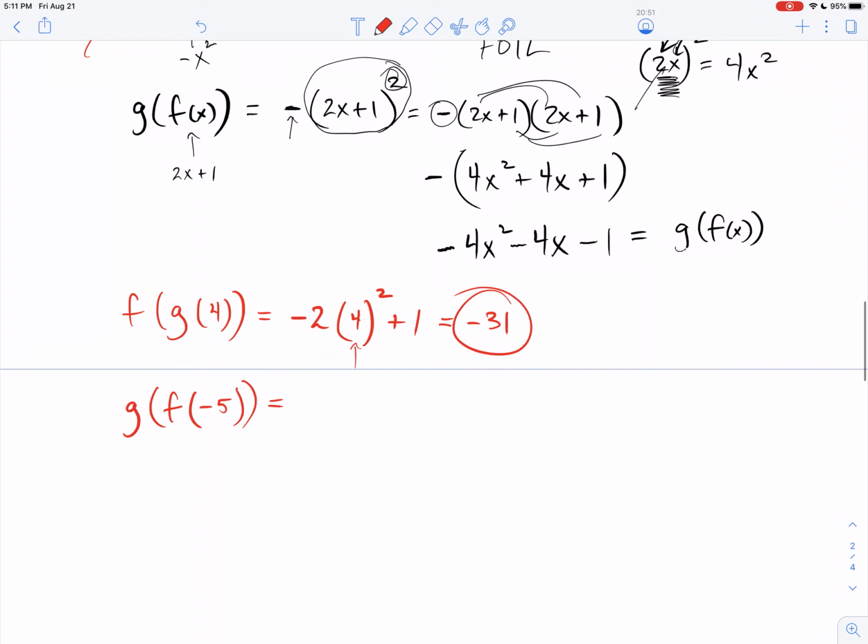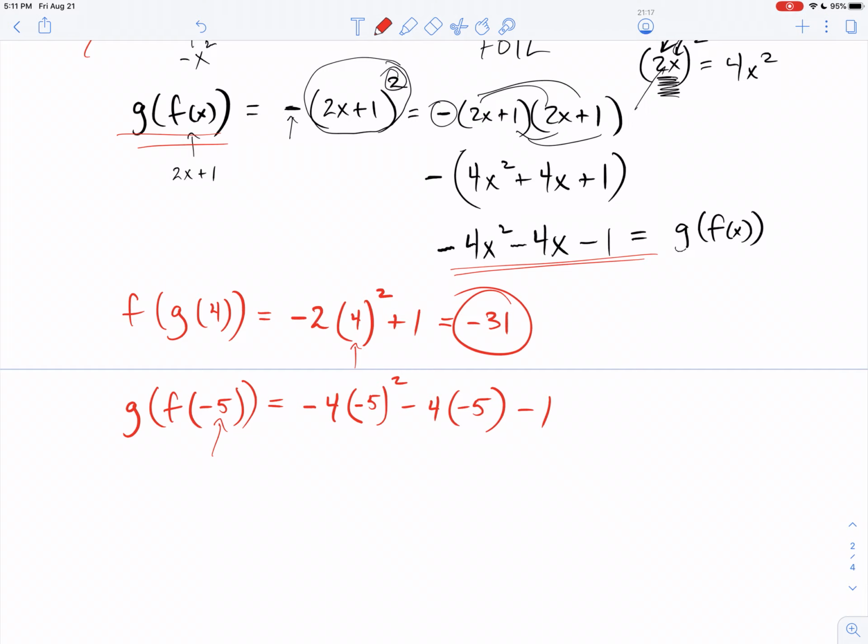You would do negative 4 times negative 5 squared minus 4 times, not x, but negative 5 minus 1. See, all I'm doing is replacing every single x in this thing with a negative 5. That's all I'm doing. Because this is g of f of x.